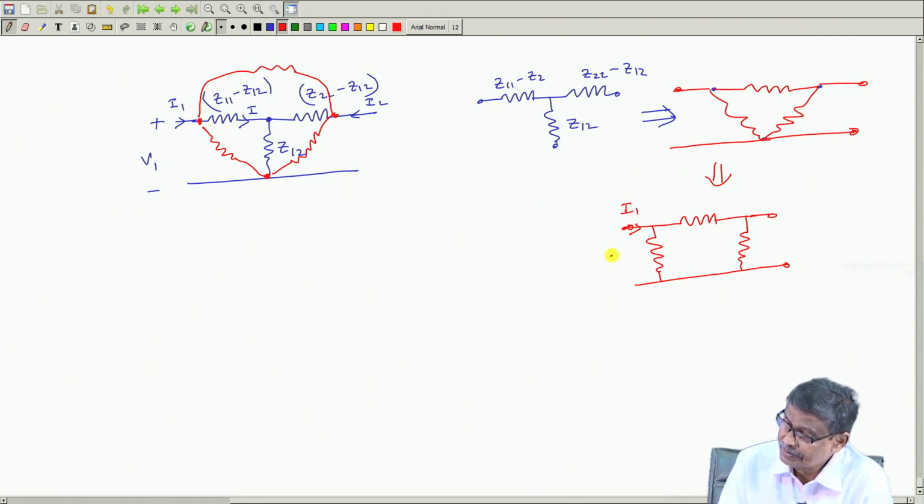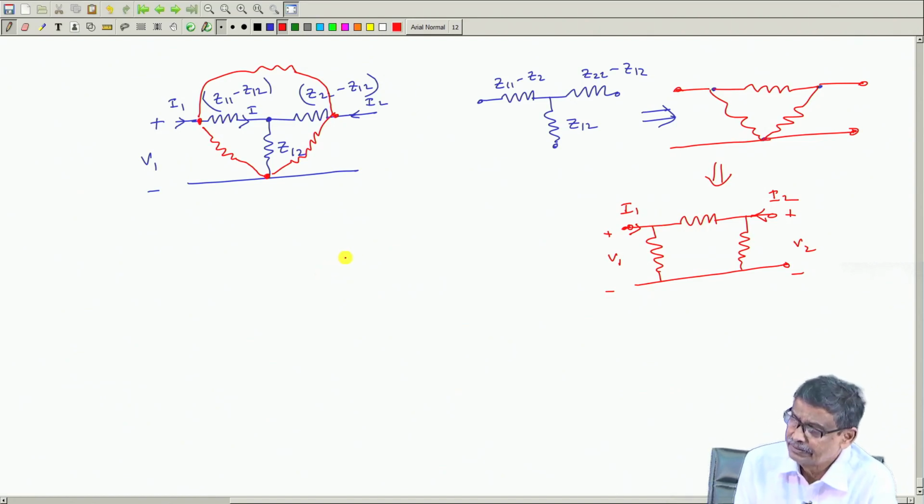So, I1, V1, this is V2 and this is I2. What will be the value of this impedance? I will apply the star connected rule, is it not? This plus this into this divided by this. So, I can always find out these values also.